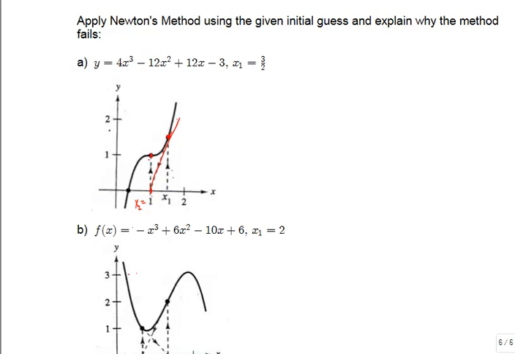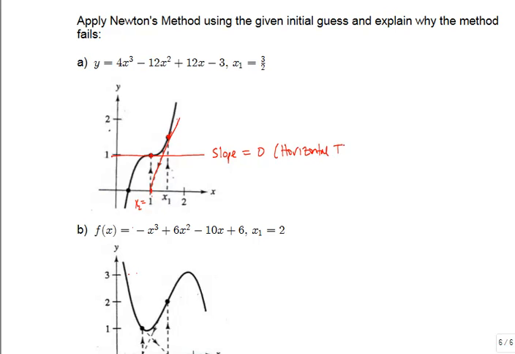So what would the tangent line look like at that guess? Well, if we draw that, this graph is kind of flat right at the value of 1. So what happens here is that at our second guess of 1, the slope is 0. We get that horizontal tangent line.